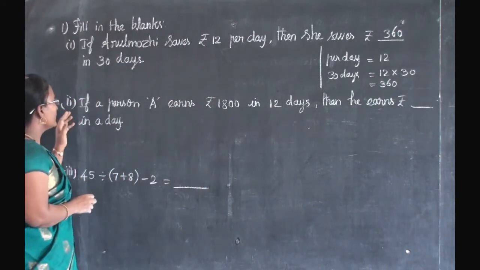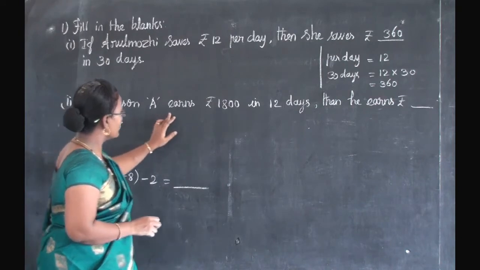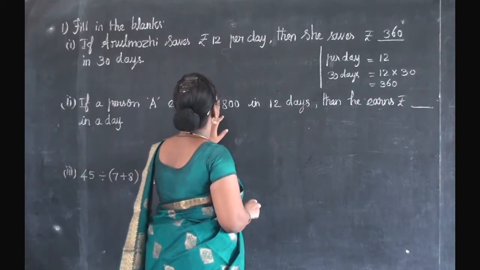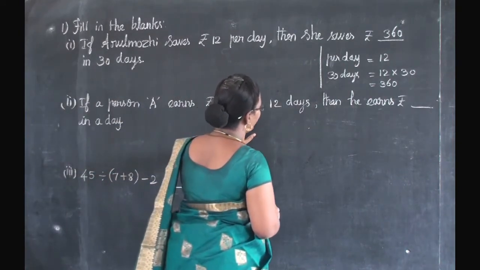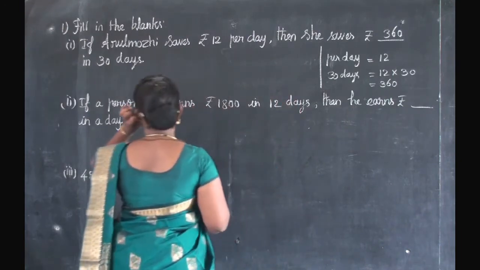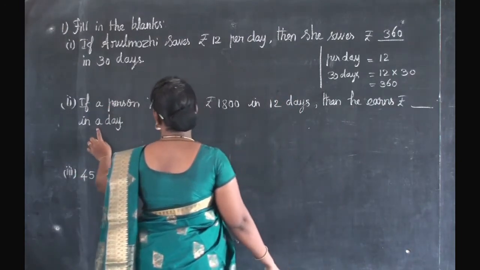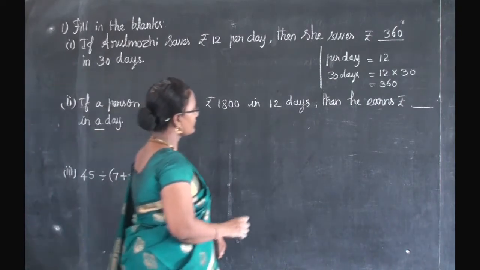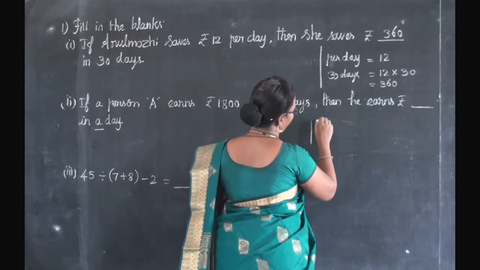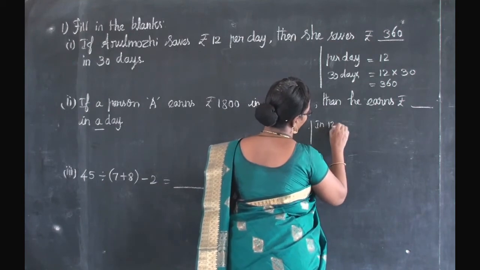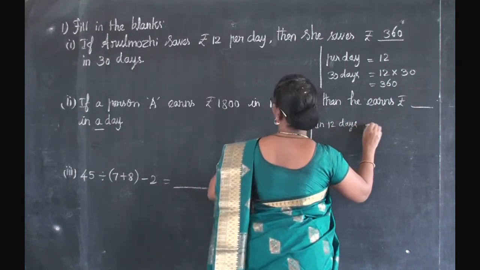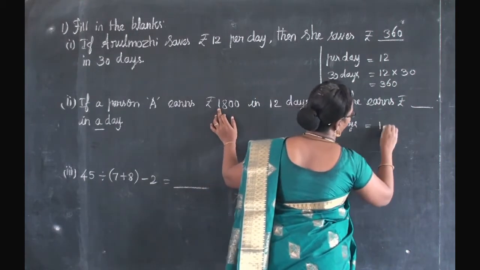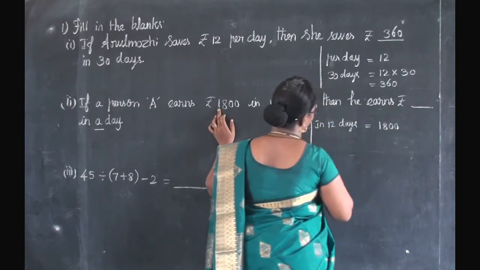And then next one, if a person A earns rupees 1800 in 12 days, then he earns rupees dash in a day. Here a day means 1 day. In 12 days he earns 1800.